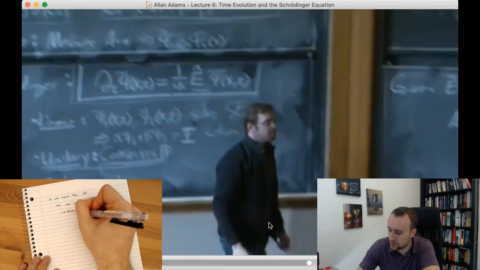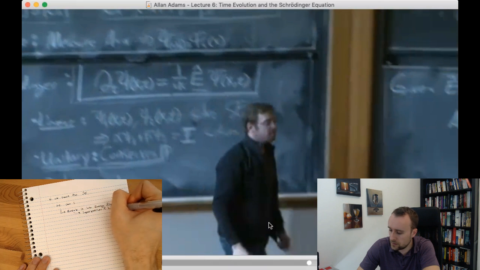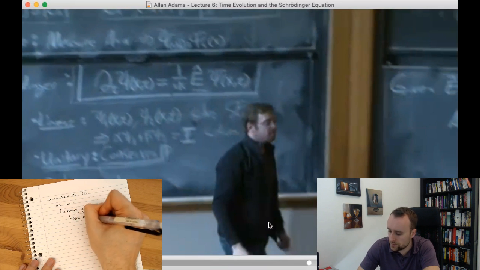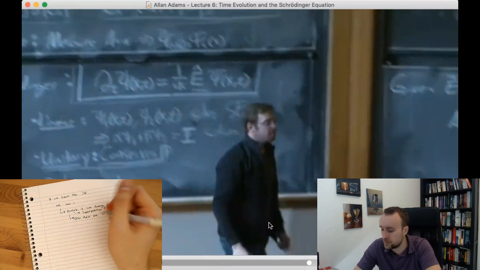And this is just because of superposition and linearity that we can do this. These are also stationary states, they only rotate by a phase.